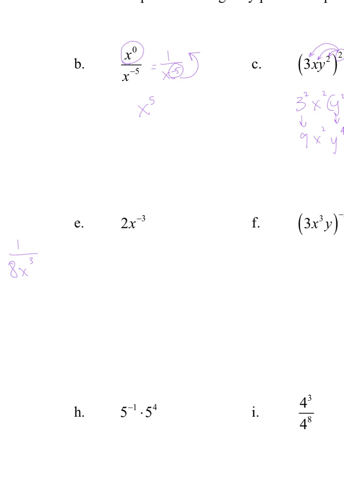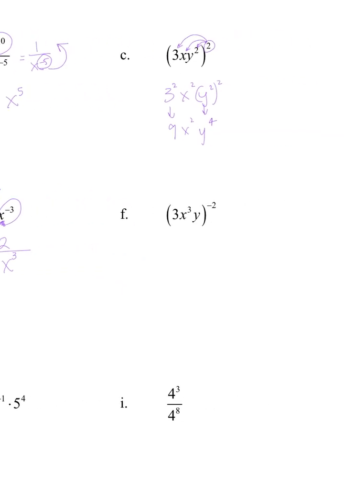Okay, on part E, the only thing that has a negative exponent in this problem is the x, not the 2. So the 2 remains up top in the numerator. This is what moves into the denominator with a positive exponent.